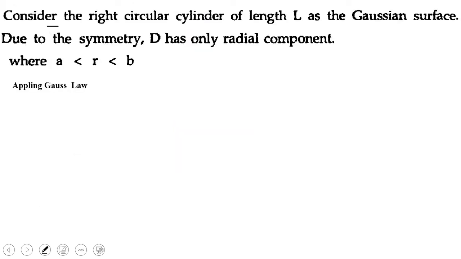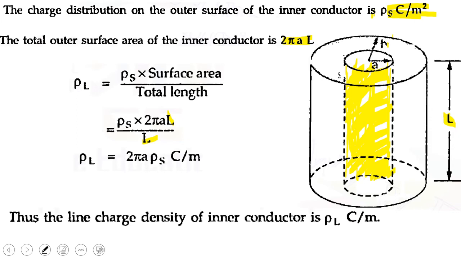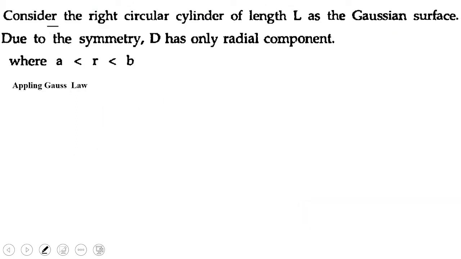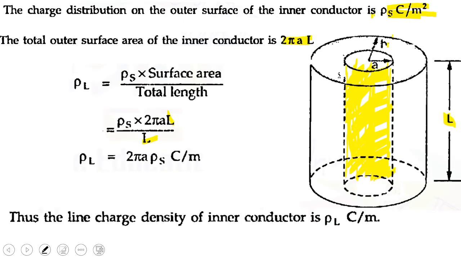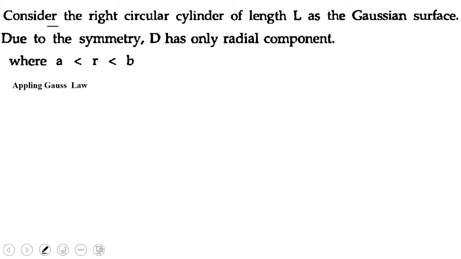Now we are going for the Gaussian cylinder. Consider a right circular cylinder of length L as a Gaussian cylinder. Other than our two cylinders of the coaxial cable, one of radius a and the other of radius b, we are assuming another cylinder called the Gaussian cylinder whose radius is smaller.